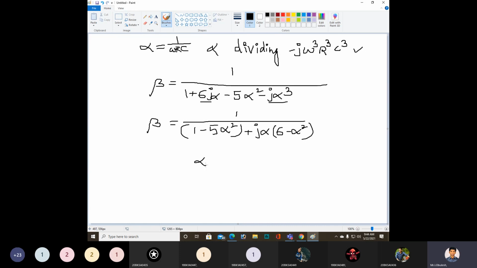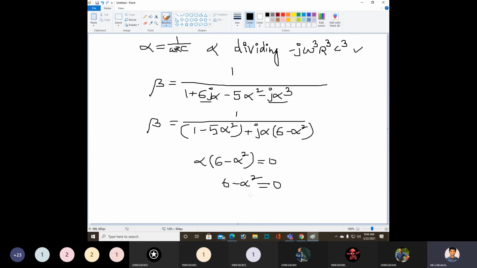Alpha into 6 minus alpha square is the imaginary part, right? It equals 0. Then you need to send this alpha to that side, that is also equal to 0. 6 minus alpha square equals 0.